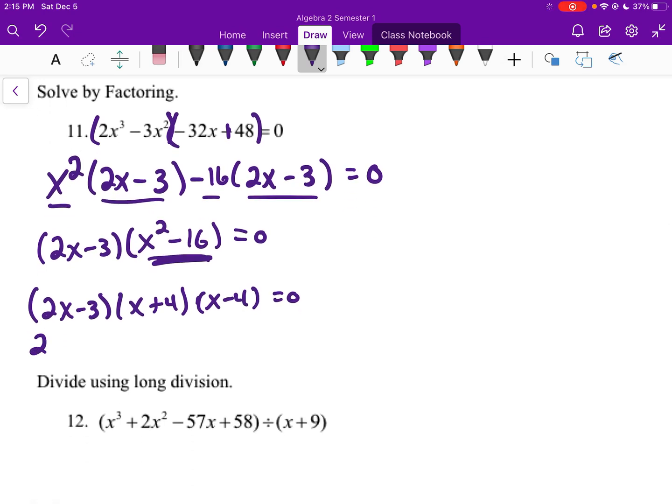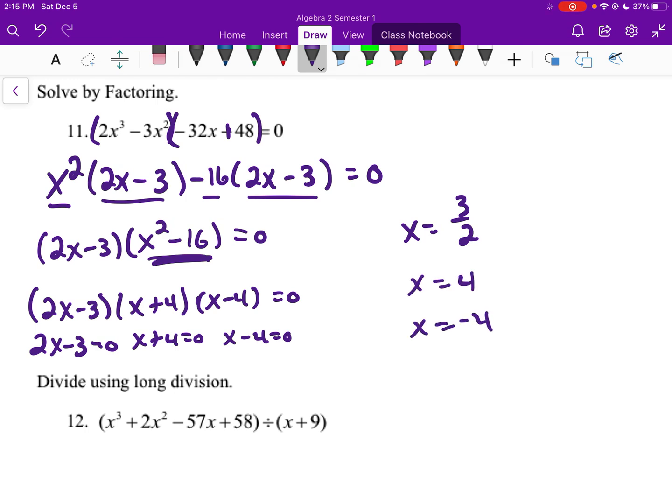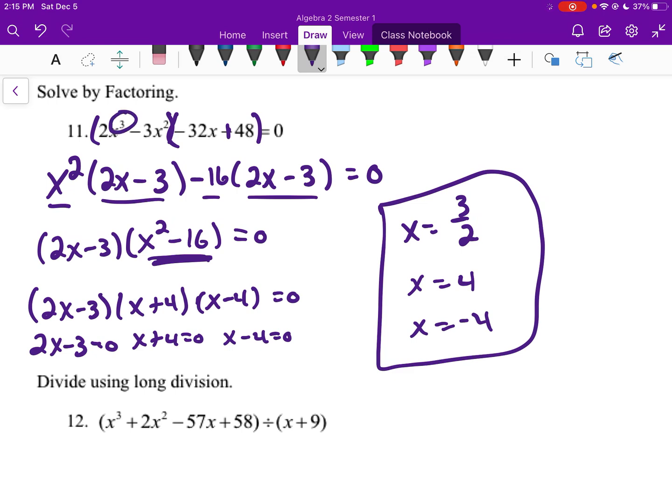Then at that point, you set each factor equal to 0, which ends up getting you x equals 3 halves, x equals 4, and x equals negative 4. And again, we should have 3 answers due to it being a cubic function.